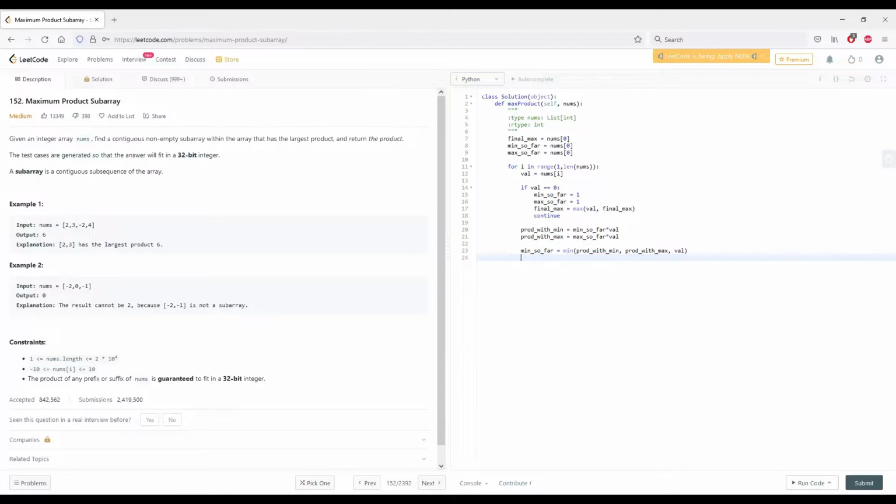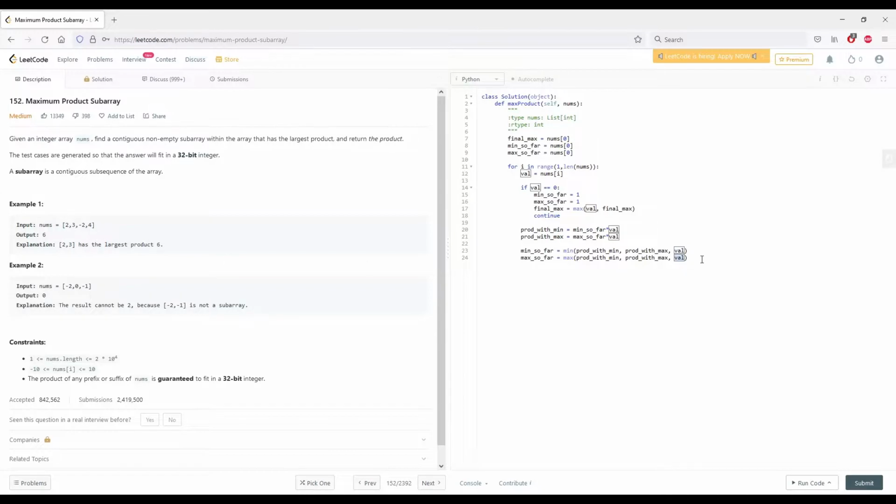And same with max so far. It's going to be the maximum of these three. Because remember, within the range, we want to get the maximum of the range so far. Okay? And val makes sure.